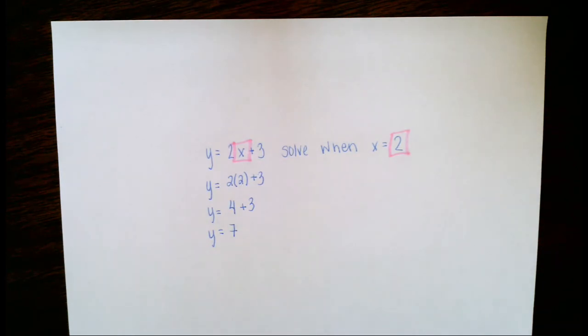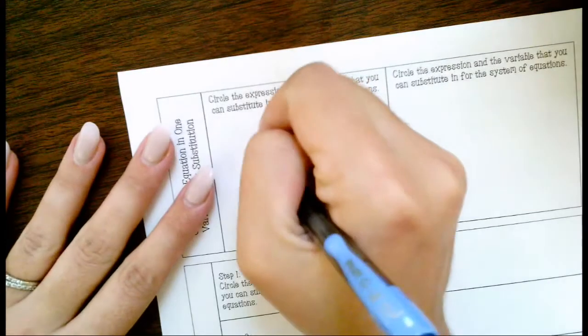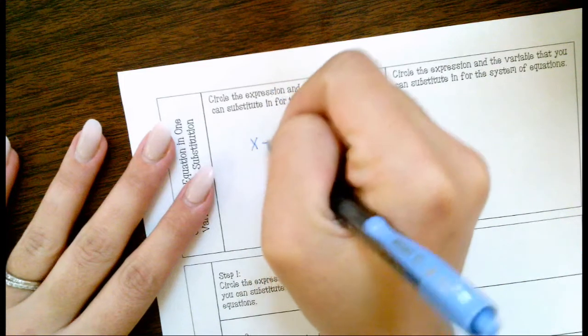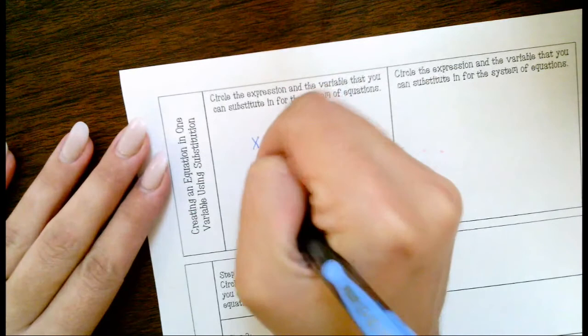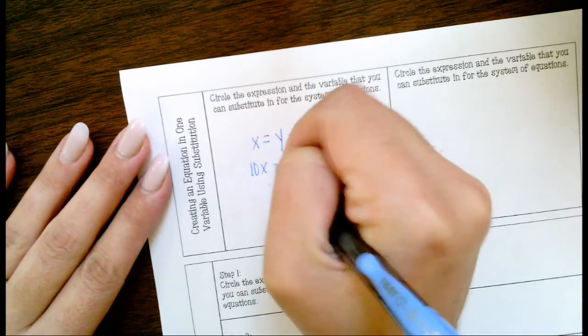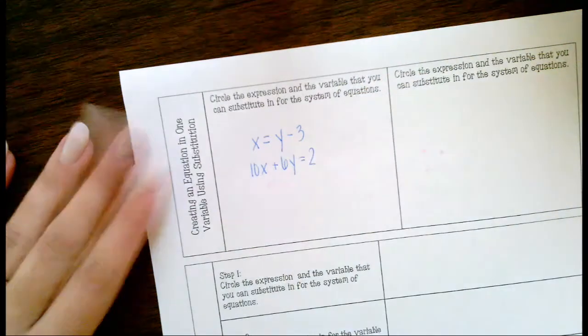And what we want to do now is take that same thought process and expand it. We're going to apply this to systems. So with systems, remember that is a set of 2 or more equations with the same variable. Here's the first example. I have x equals y minus 3, 10x plus 6y equals 2.